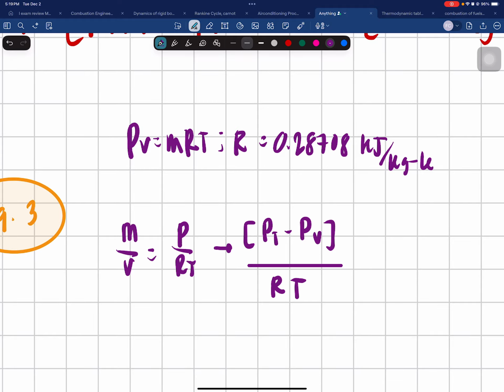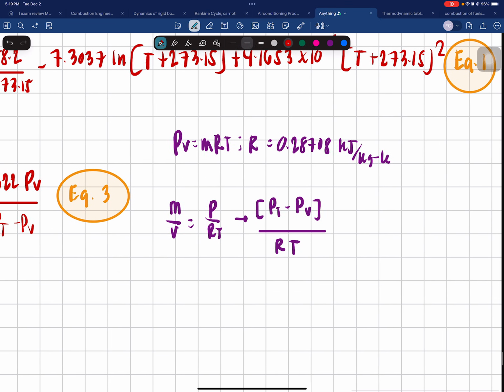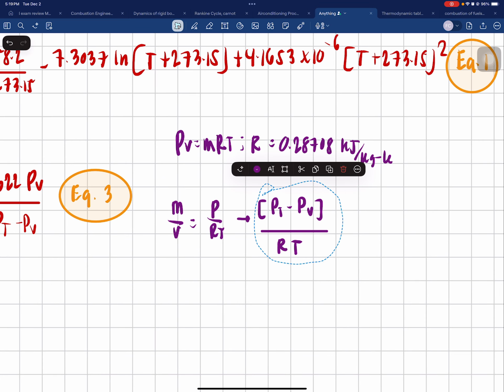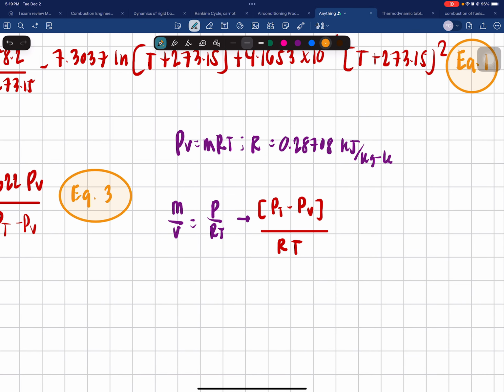So this will be our equation. Let's convert this to red. This is equal to your density, which is dry air. Equation 4.